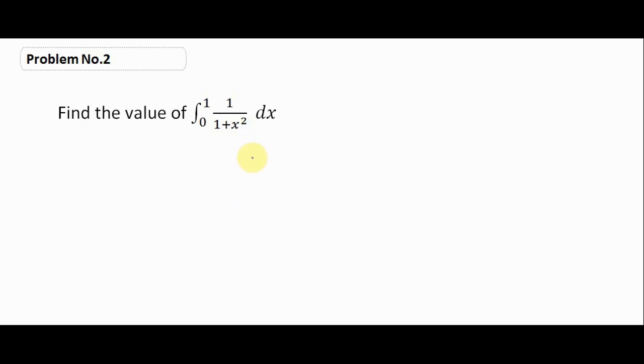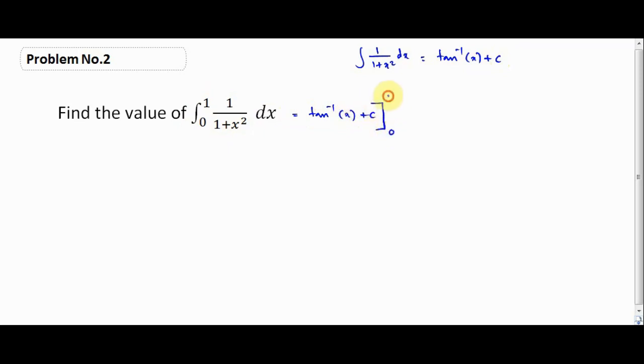Okay, now coming to the solution, here we are having the integral 1 by 1 plus x square dx, and we know that it's equal to tan inverse of x plus c. So this definite integral will be equal to tan inverse of x plus c with lower limit as 0 and upper limit as 1.